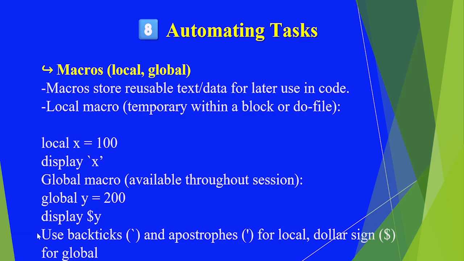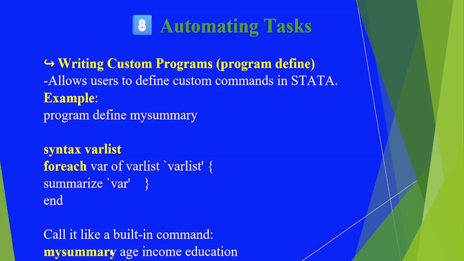Let us summarize: we use backticks and apostrophe for local macros when we want to call them, not declare them, and the dollar sign when we want to call a global macro.